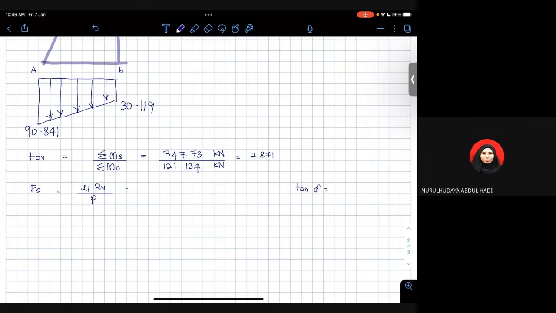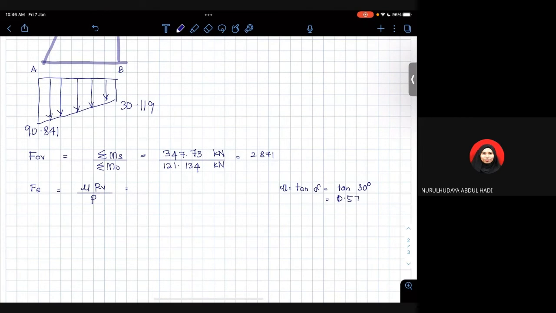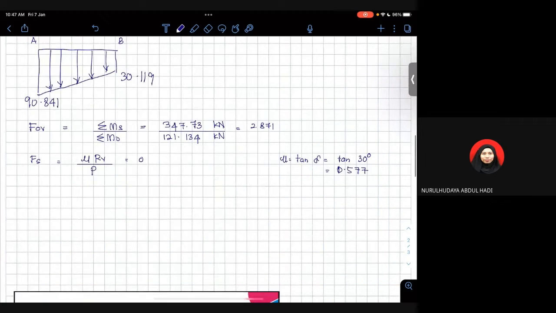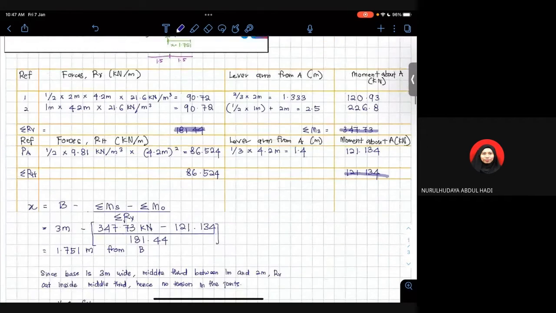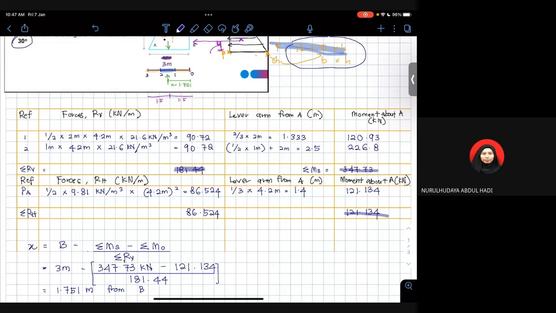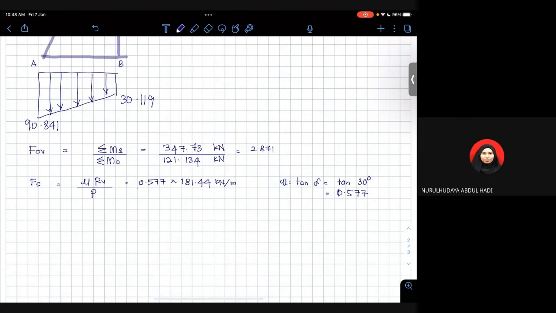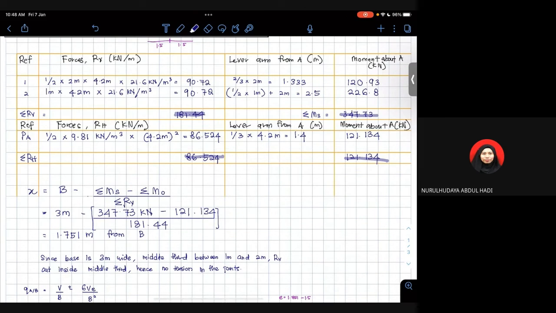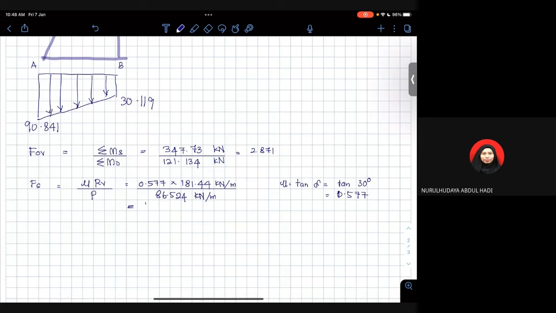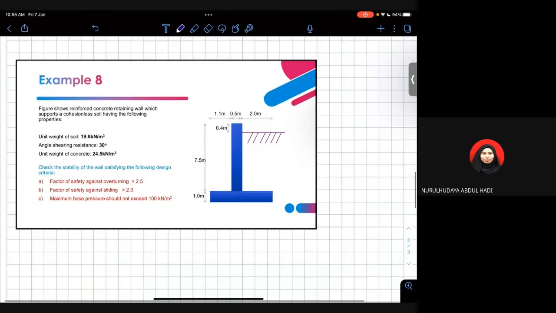Angle of wall friction. 0.577, 30 degrees ni. 0.577 and we know that RV is the vertical forces kita 181.44 and P guys ni is horizontal force which is 86.524. 1.2099, 1.21 lah. That is our factor of safety against sliding. Sama juga kita tak ada value untuk compare. So this is our final answer.